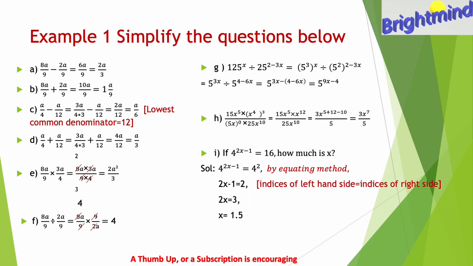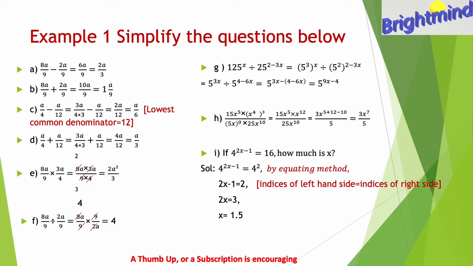H. 15 multiplying x to the power of 5, multiplying bracket, x to the power of 4, bracket, to the power of 3, over, bracket, 5x, bracket, to the power of 0, multiplying 25 x to the power of 10. When we look at this complex fraction, including a lot of x powers, the first thing we consider is to simplify it.